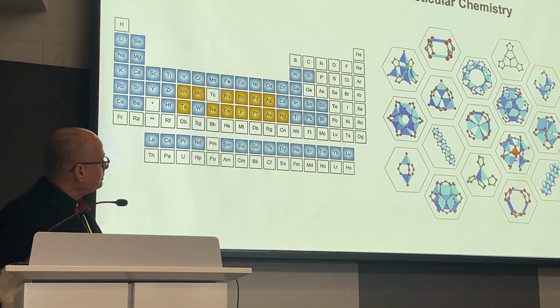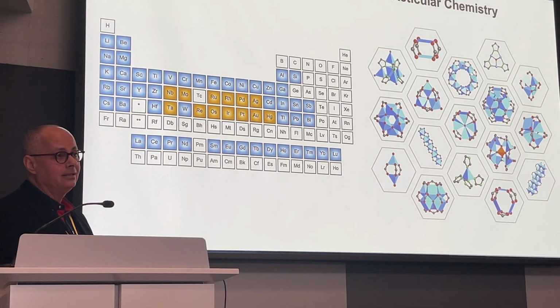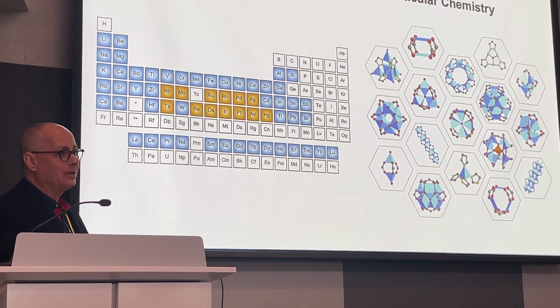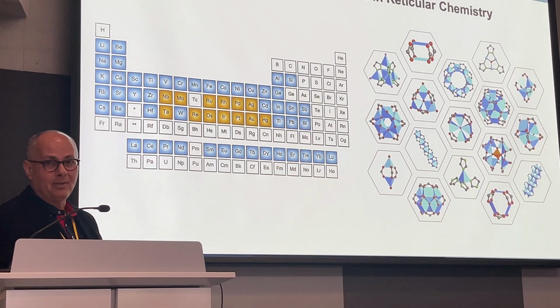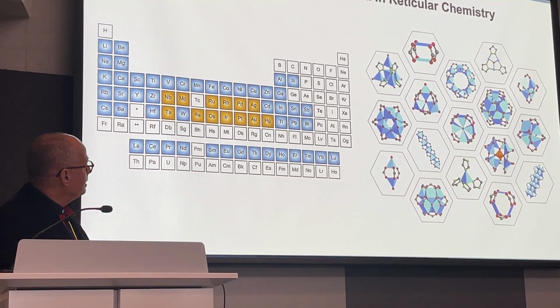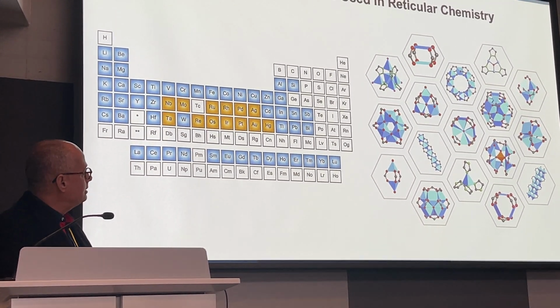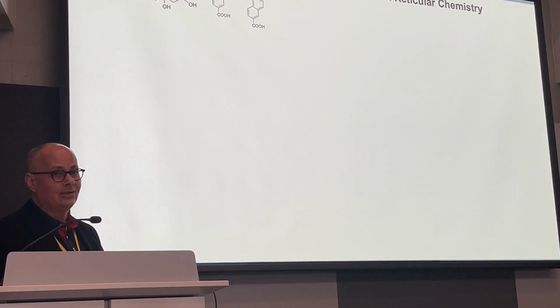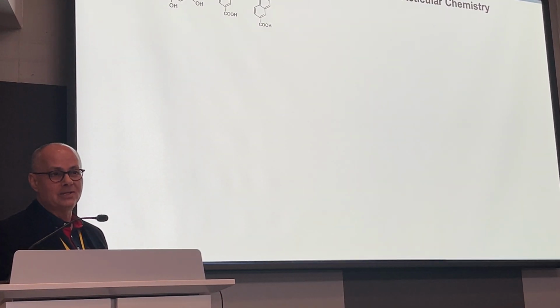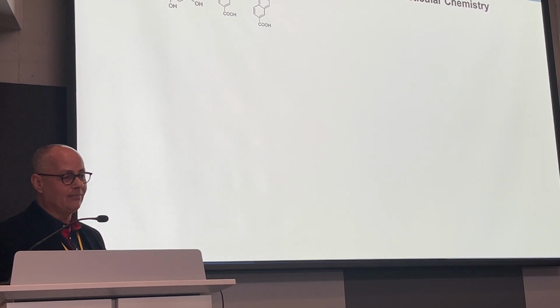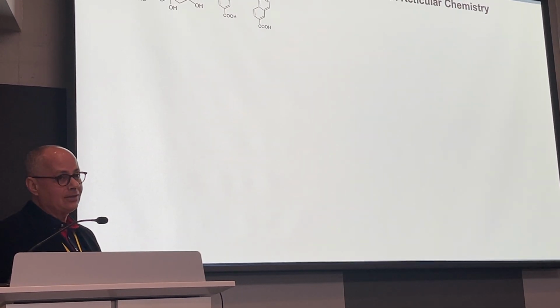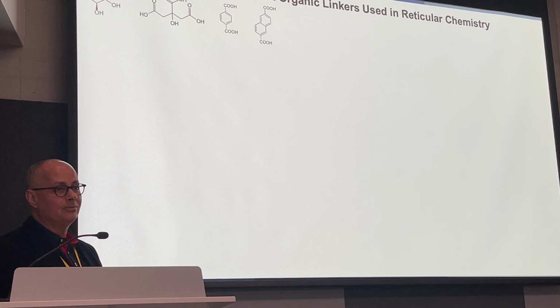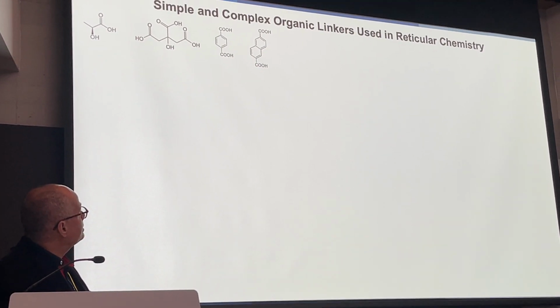And well, almost any metal element in the periodic table has been used to make a MOF. The metals make metal oxide units that are then joined by organic units, and the organic units could be as simple as lactic acid, which is in milk, citric acid in orange juice, or petroleum-derived linkers such as terephthalate and so on.